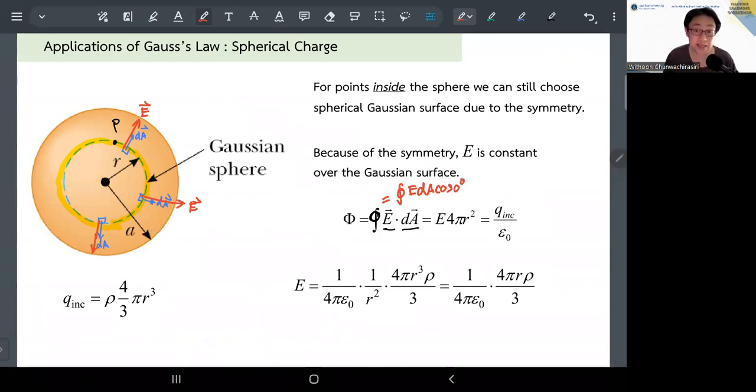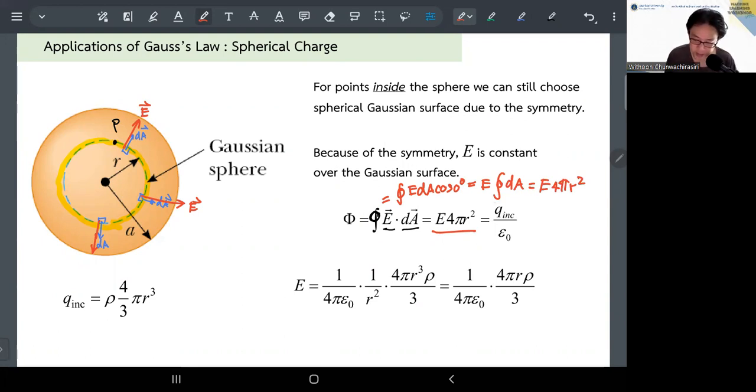And once again, by the symmetry, the electric field has the same strength in all directions, so you can pull E out of the integral. You're left with just the integral of dA, which is nothing more than the surface area of this sphere, 4 pi r squared. You arrive at the net flux, exactly the same as before, 4 pi r squared times E.